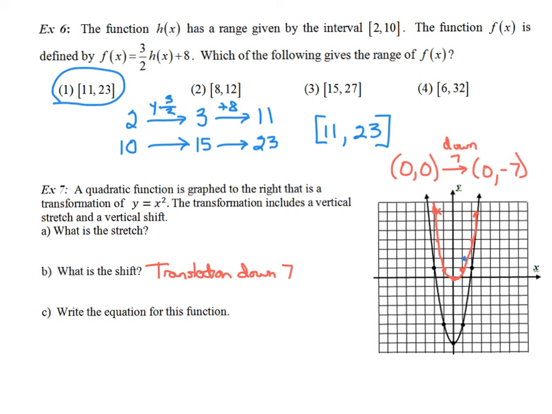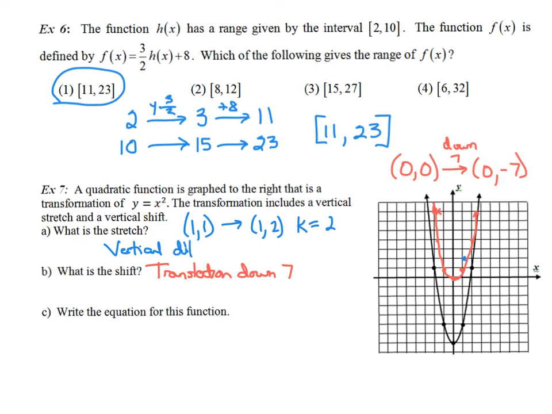That point is at 1, 8. So when I take that blue point and I shift it down 7, I'm ending up at my new transformation graph. Well, clearly that means that I'm going from the point 1, 1 to the point 1, 2, and that tells me that my k value, my stretch, must be 2. So this is a vertical dilation of 2.